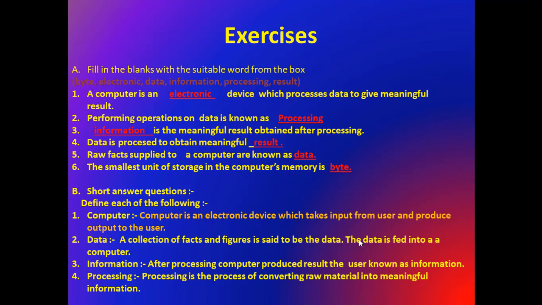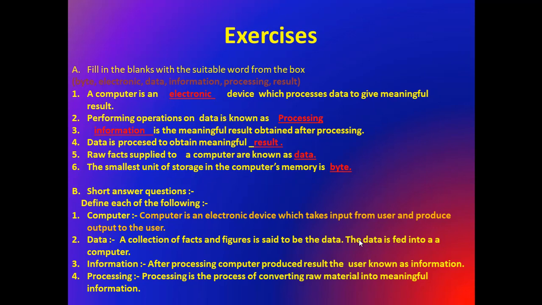So first is fill in the blanks. Fill in the blanks with the suitable words from the box. Here is the helping box also. So listen. A computer is an electronic device which processes data to give a meaningful result. You know, students, a computer is an electronic device. Performing operations on data is known as processing.